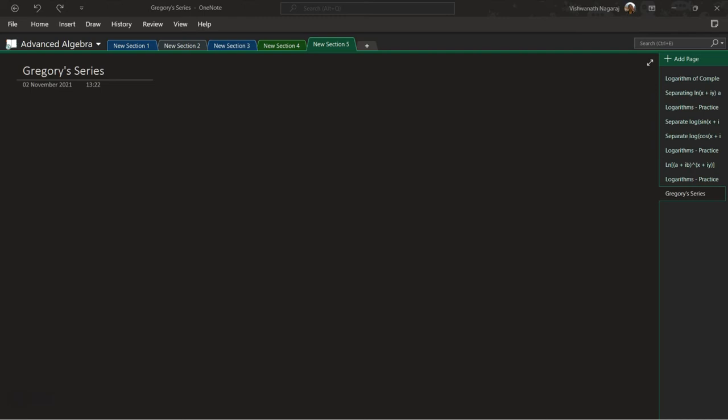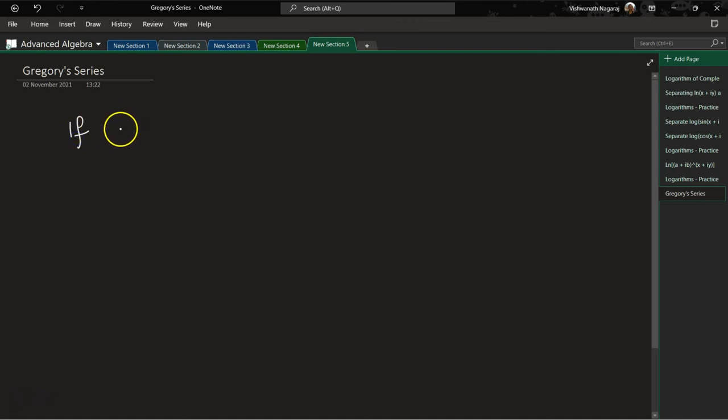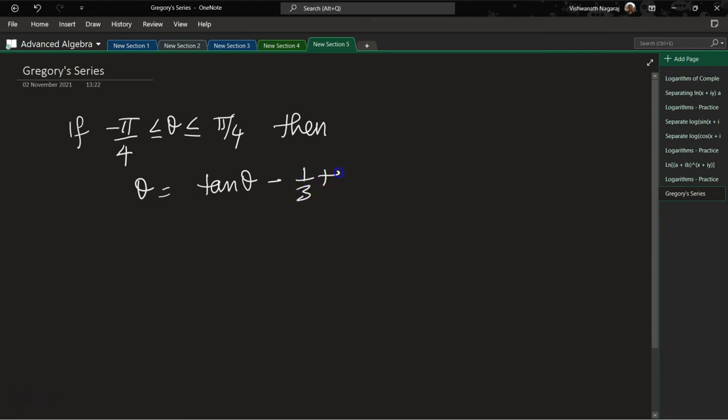Let's look at Gregory's series. What it says is if theta is between pi by 4 and minus pi by 4, then theta is equal to tan theta minus 1 by 3 tan cube theta plus 1 by 5 tan 5 theta minus 1 by 7 tan 7 theta and on and on and on.